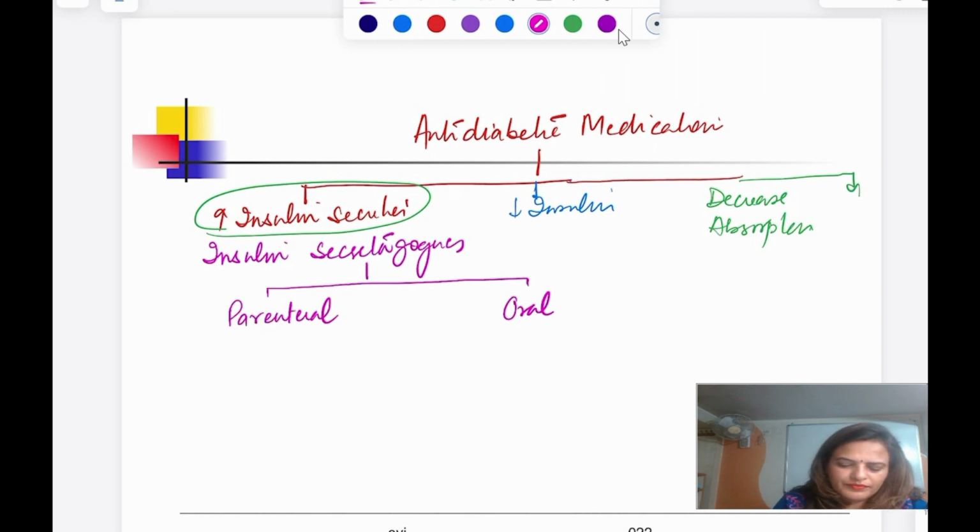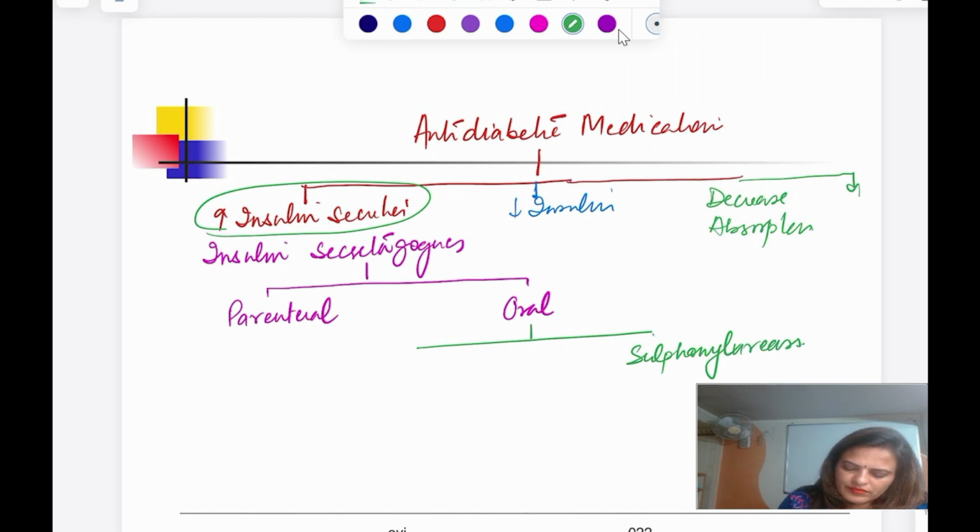Oral is further divided into sulfonylurea and DPP4 inhibitors.